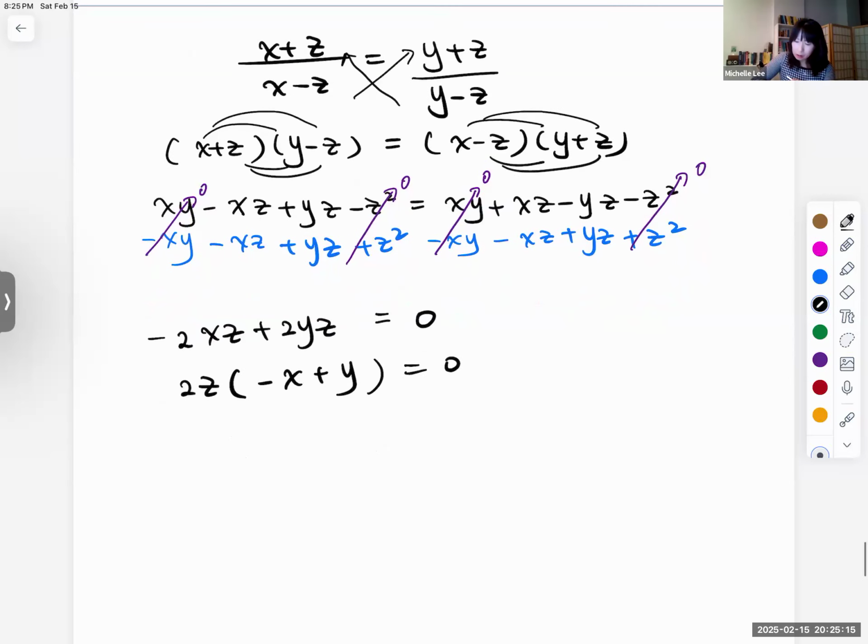So that means 2z equal to 0 or negative x plus y equal to 0, right?